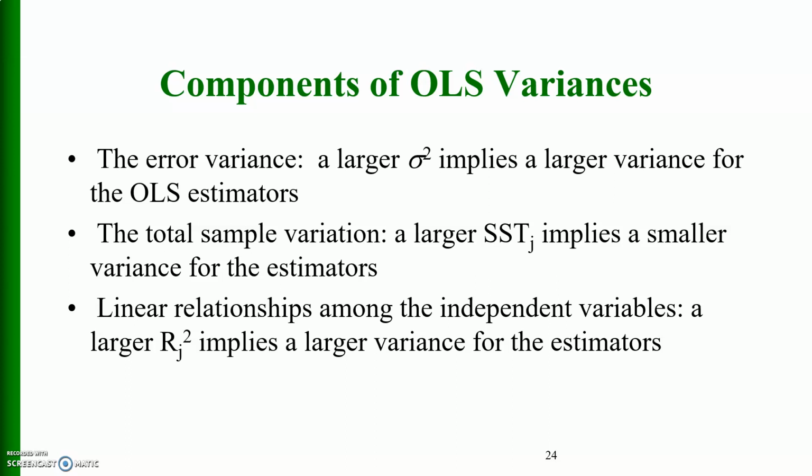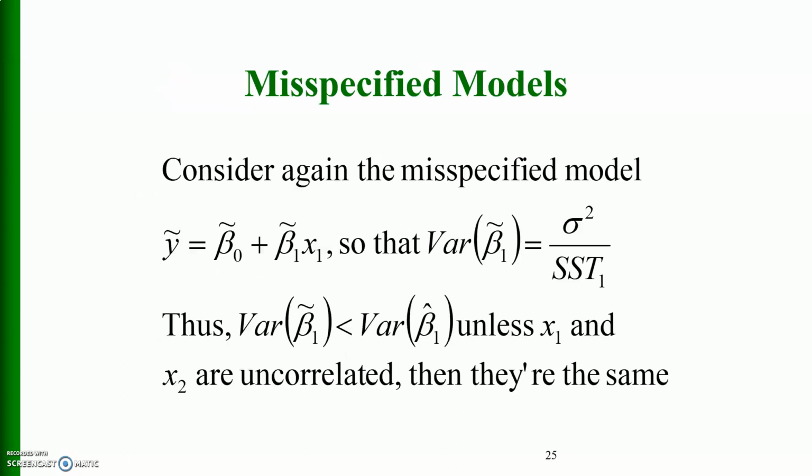Linear relationships among independent variables: a larger R square j implies a larger variance of the estimators. Consider again the misspecified model, where y tilde is equal to beta naught tilde plus beta 1 tilde x i, so that variance of beta 1 tilde is equal to sigma square divided by total sum of square.